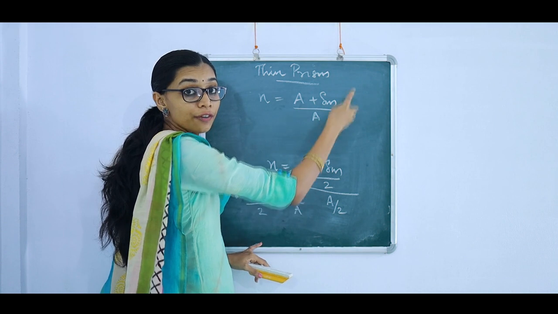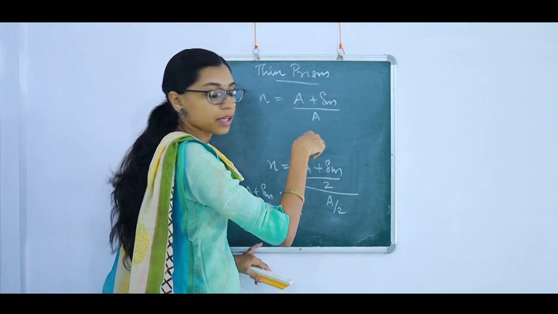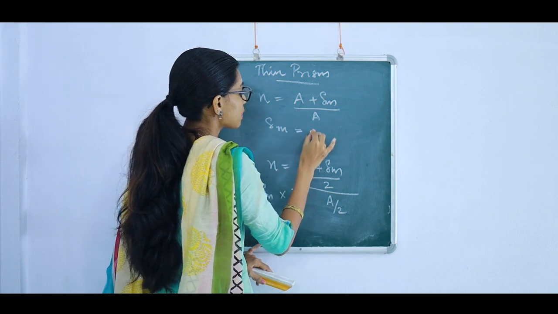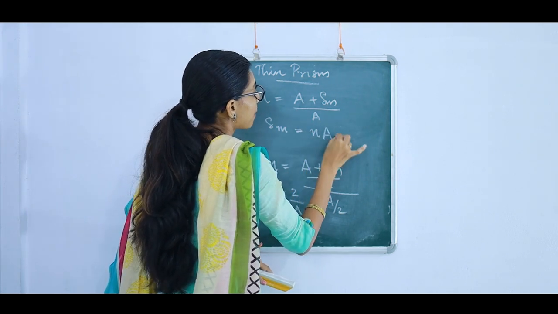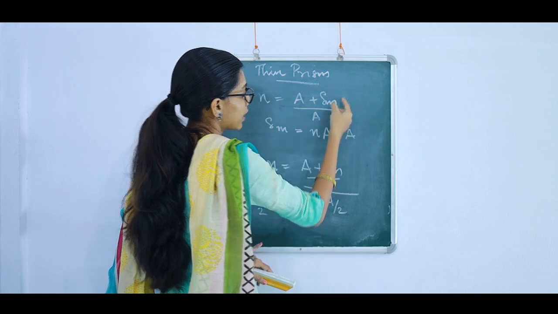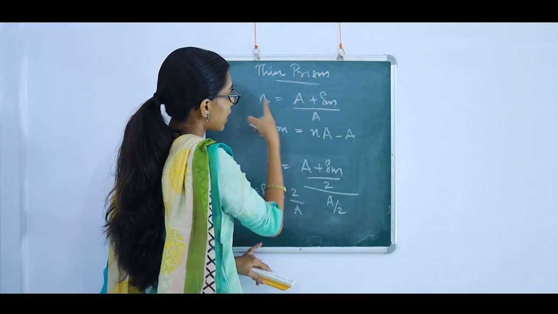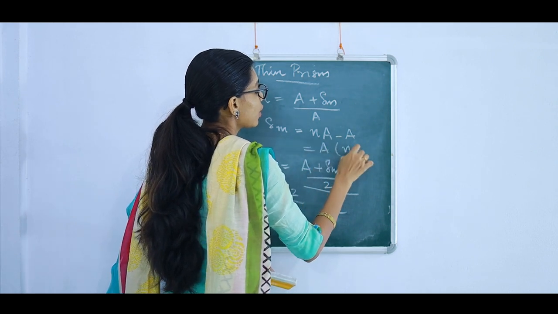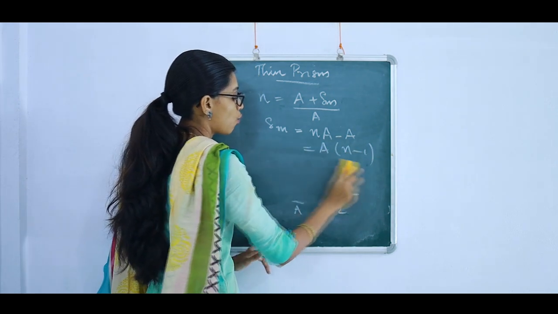So from this we have to obtain what is delta m, the minimum deviation. So delta m can be written by cross multiplying: nA minus A. Delta m, A goes that side and this is cross multiply. So you can write A into (n minus 1).